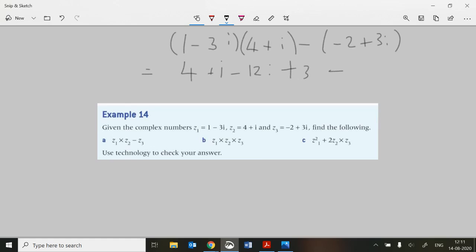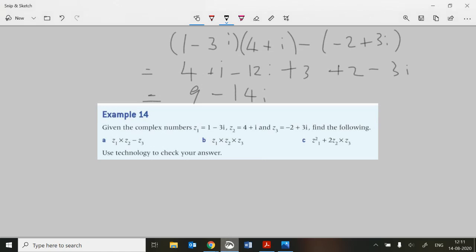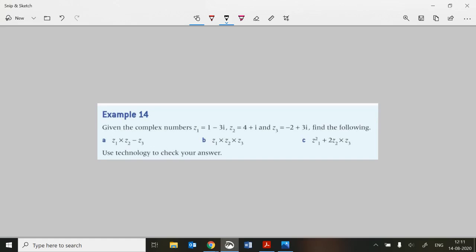And then at the end we've got minus, and obviously minus minus 2 is plus 2, and then we've got minus 3i there. And then it's just a simple case of putting everything together. So we've got 4 plus 3 plus 2, so that's giving us 9, and then we've got minus 14i. Okay, let's just check this. Yeah, minus 14i. You can obviously check with your calculator, and it's a good idea at this point to have a go at this with your calculator as well.